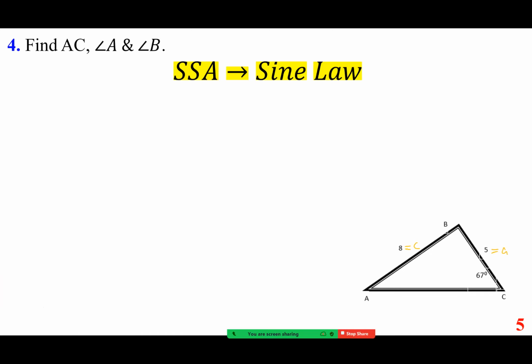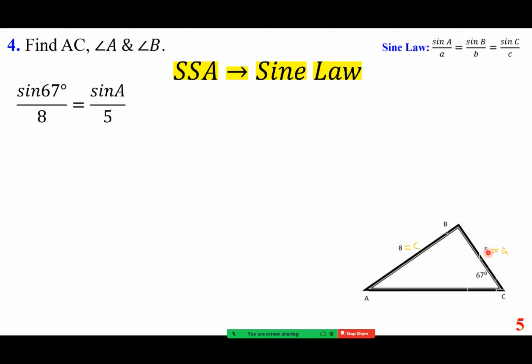We are going to use the sine law. Sine A over a equals sine B over b equals sine C over c. Since these two are known, we can say sine of 67 degrees over this side 8 equals sine of A over this side, because it's given as 5.